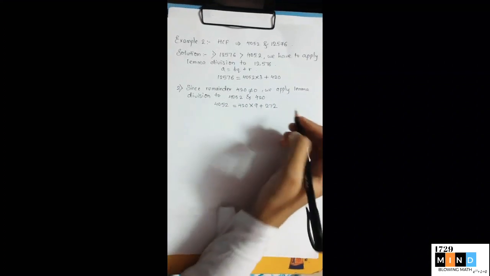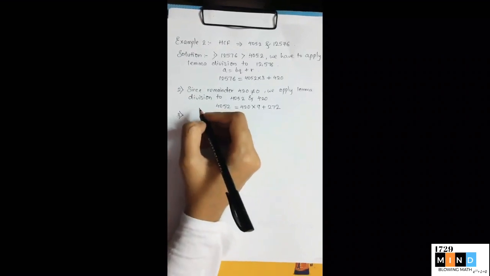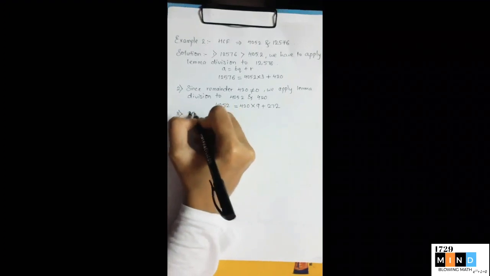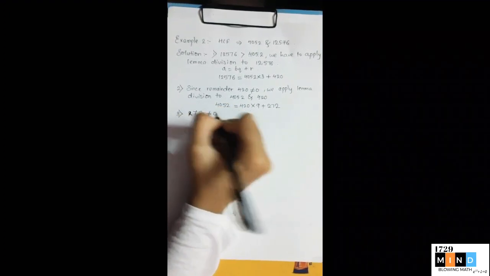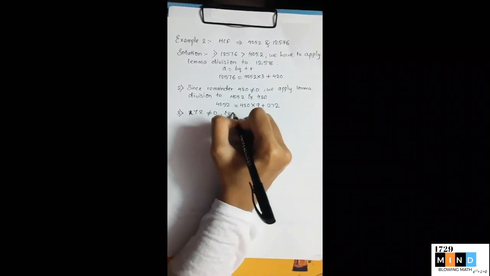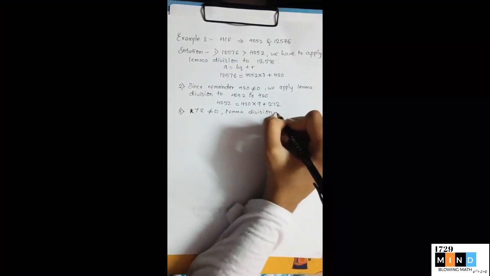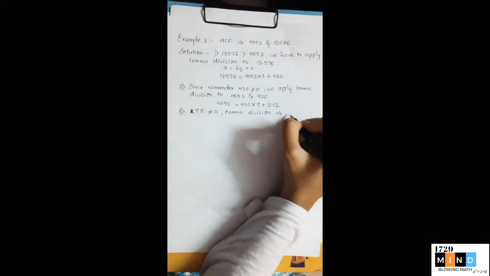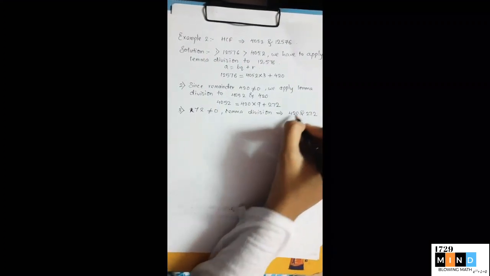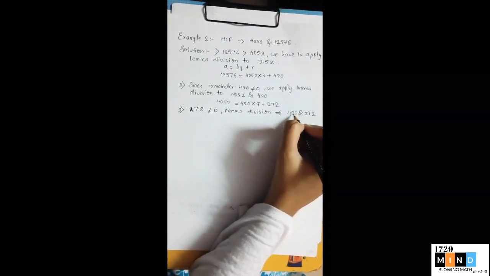Again here see guys, 272 is not equal to 0, that means we are going to have a third step. I'll just write in short, 272 is not equal to 0. The same lemma method will be applied, on which numbers? 420 and 272.